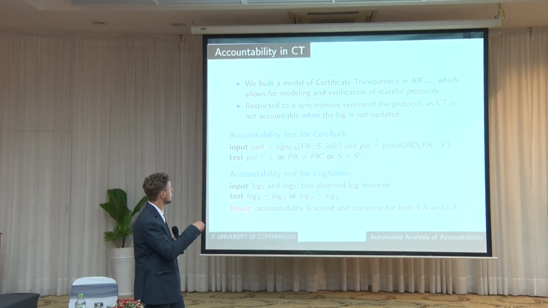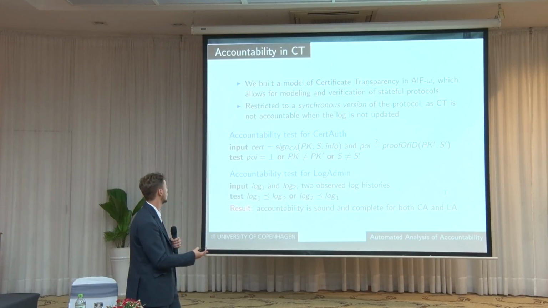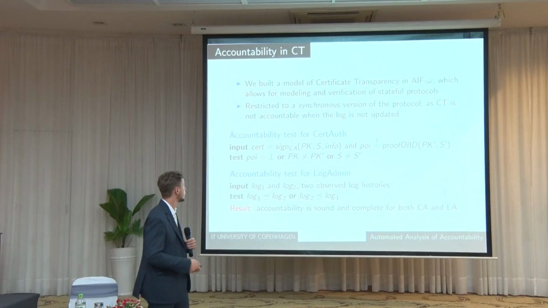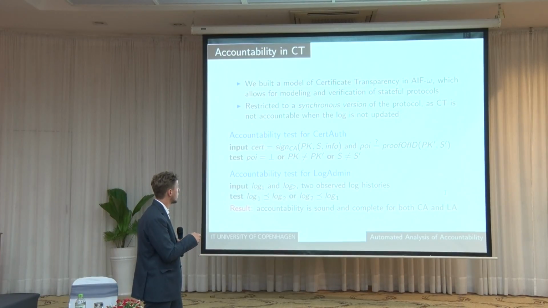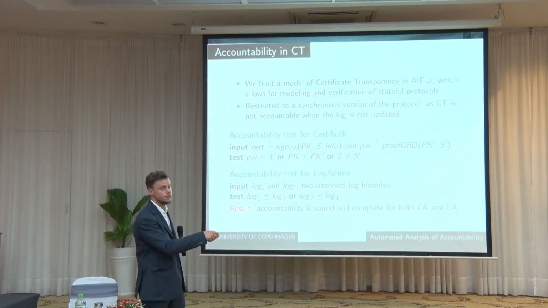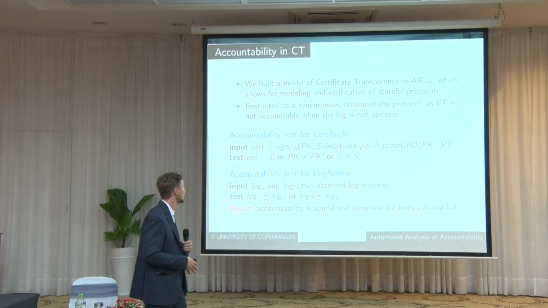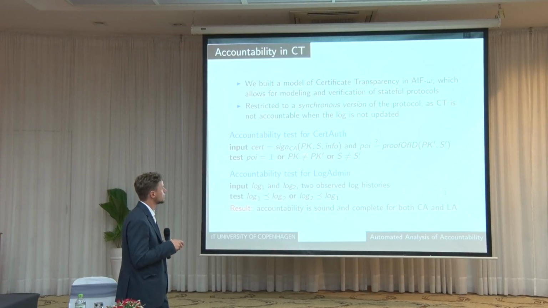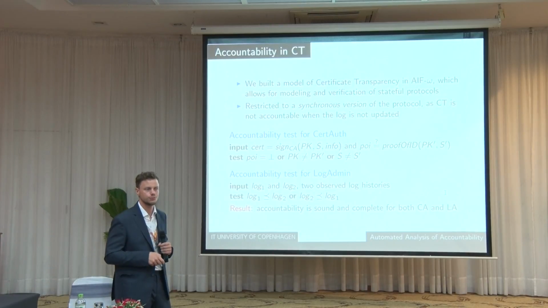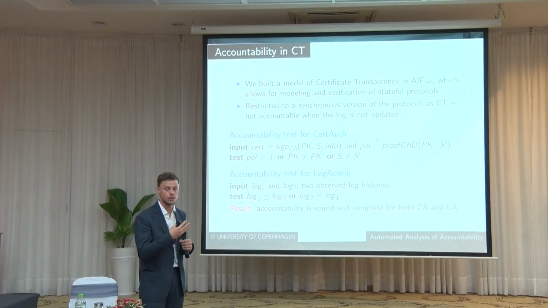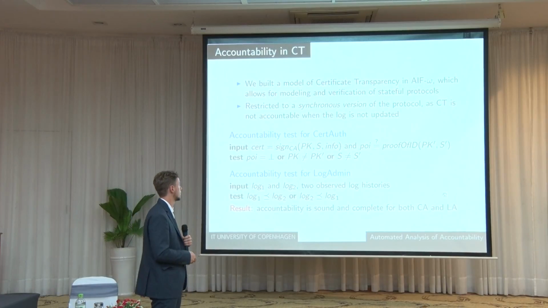So given this input, the accountability test for the certificate authority will say that either the proof of identity is bottom, is not existent, and therefore there is some certificate signed by the certificate authority that doesn't have a corresponding proof of identity, so it's the certificate authority that didn't do the right thing, or the proof of identity is not the right proof. Yes? Okay. And in this case, we can easily blame the certificate authority.